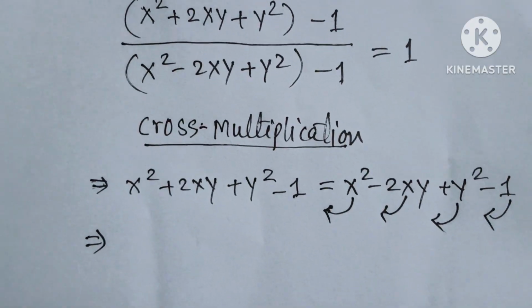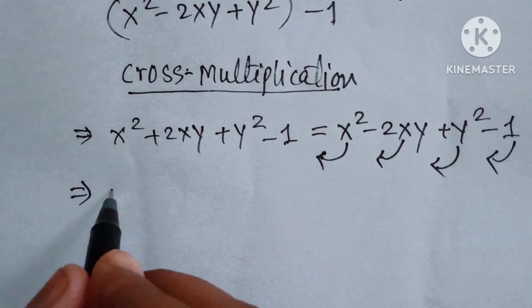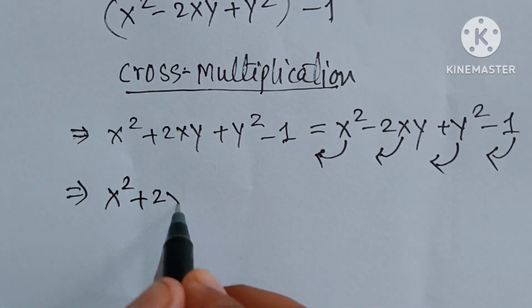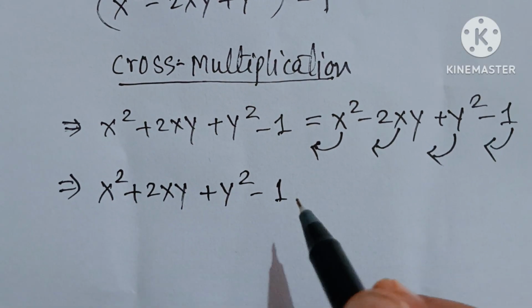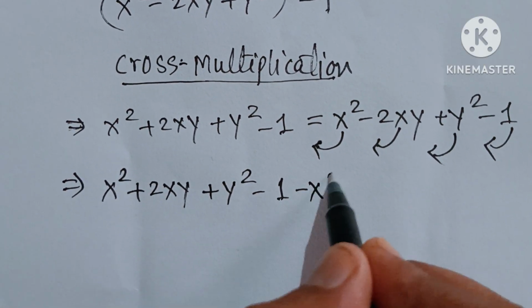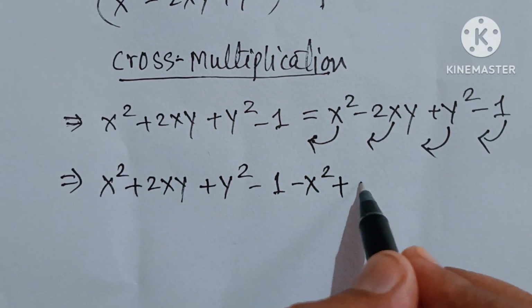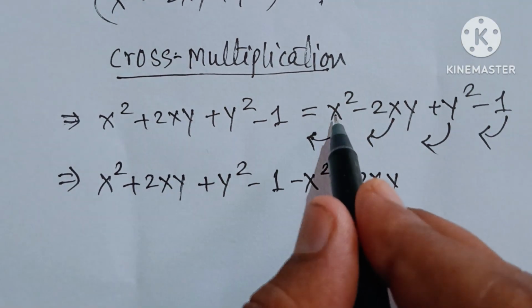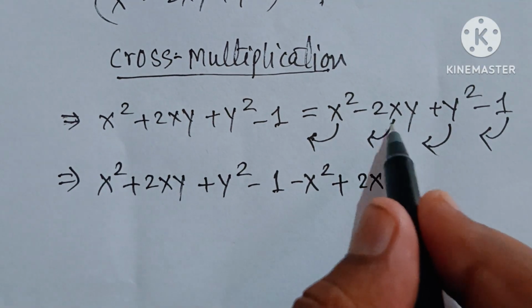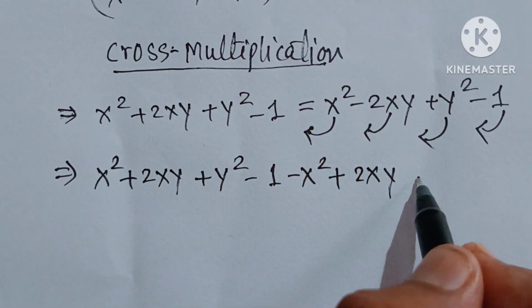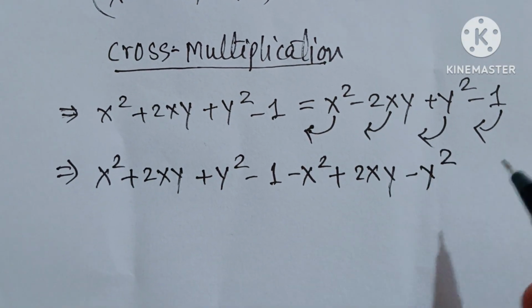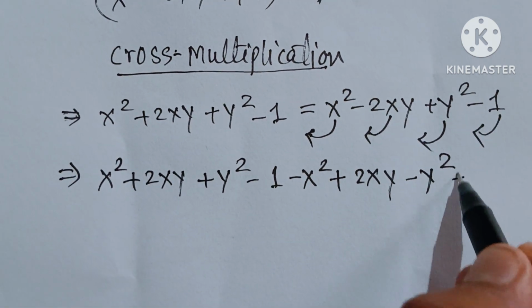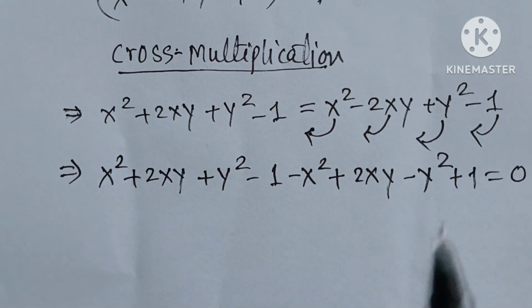So we get x square plus 2xy plus y square minus 1, minus x square becomes minus x square, minus 2xy becomes plus 2xy, plus y square becomes minus y square, and minus 1 becomes plus 1, equal to 0.